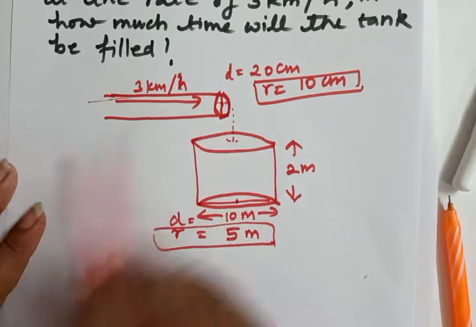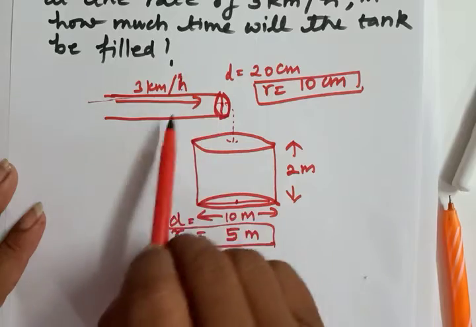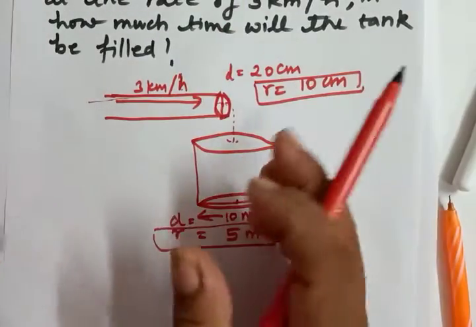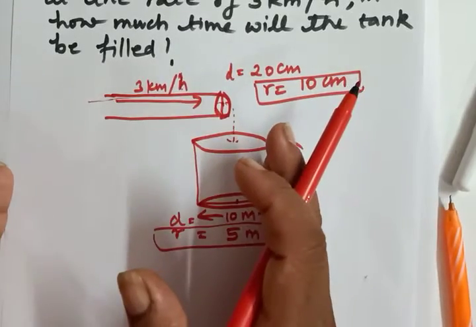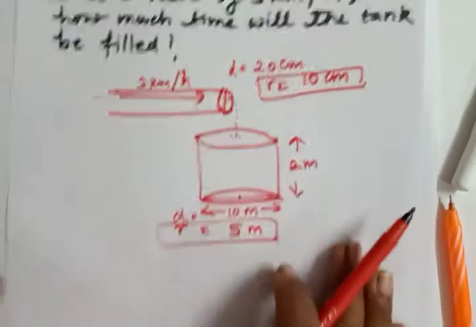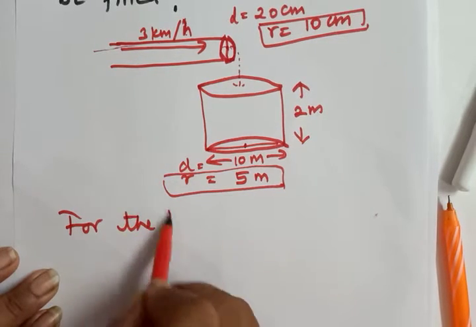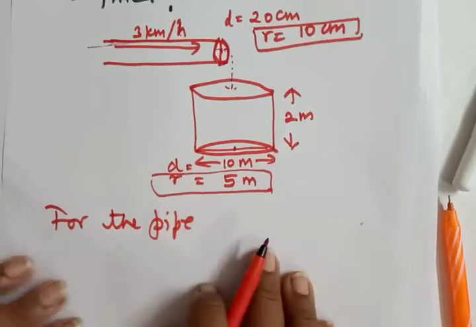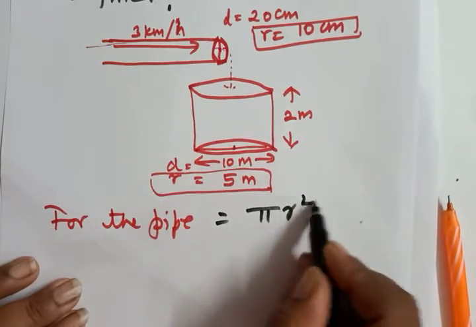This pipe is also of cylindrical shape. So first of all we will find out the volume of water that will come through this pipe, that is the capacity of this pipe for 1 hour. For the pipe, which is of cylindrical shape, the formula is pi r square h.